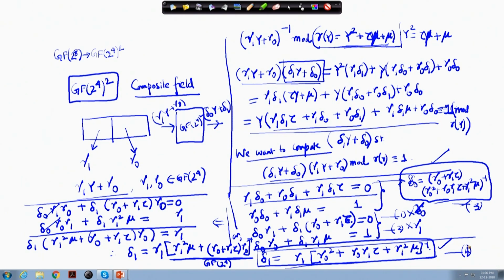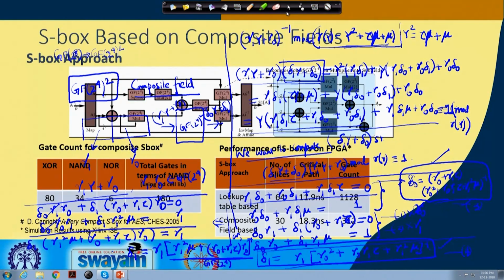Once you have done this, we can now go back to our slide, and we can see that that is being exactly done here.